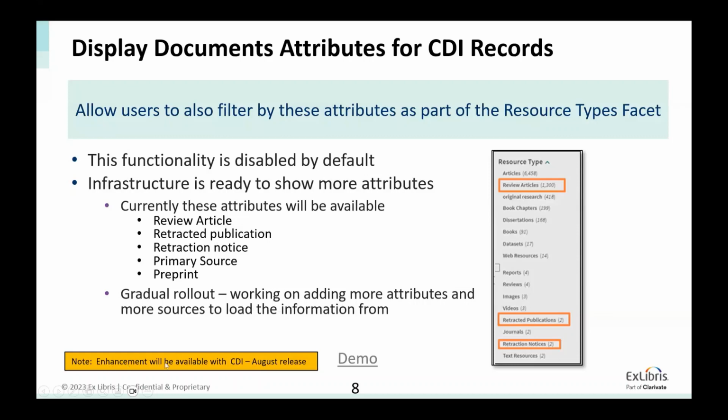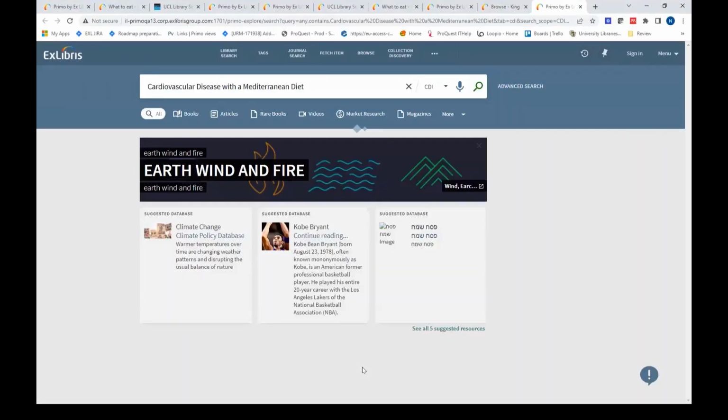Before I do a demo, as this feature is actually coming from CDI, you should be aware that it will be available for you to check and test with the CDI August release, which is usually available on the first Wednesday of the month.